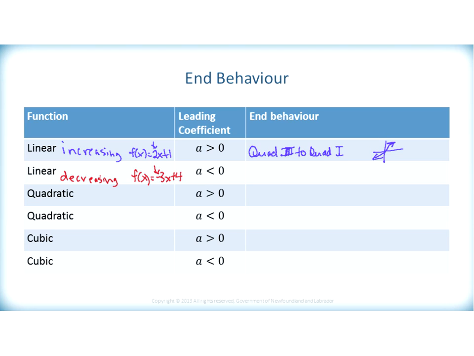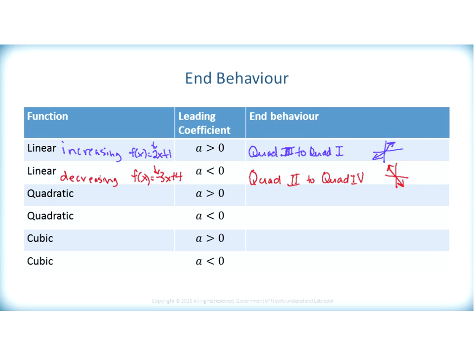And we could see that the end behavior of the line here would go from quadrant 2 to quadrant 4. The graph would look something like this, going this way.